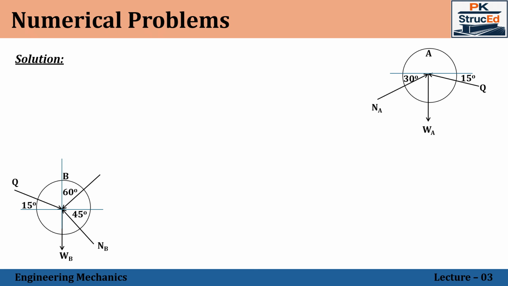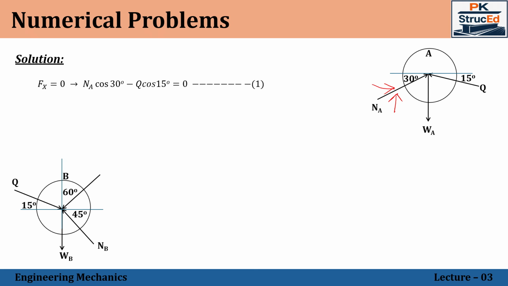Now let us start with block A, because in block B only P is unknown, and in block A we have NA and Q as the two unknowns. We can solve for them. Applying the force equilibrium, summation Fx equal to 0, we resolve NA, an inclined force, into x and y components. Here x will be positive and y will be positive, with an angle of 30 degrees given with respect to the x-axis.